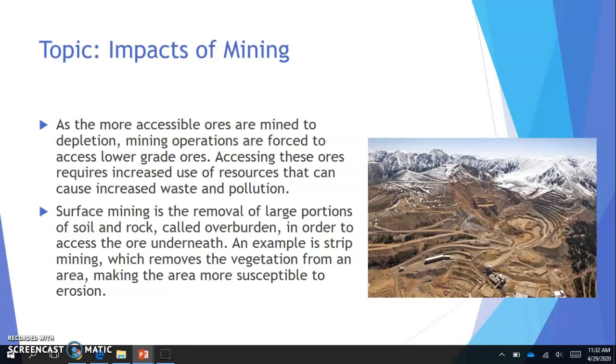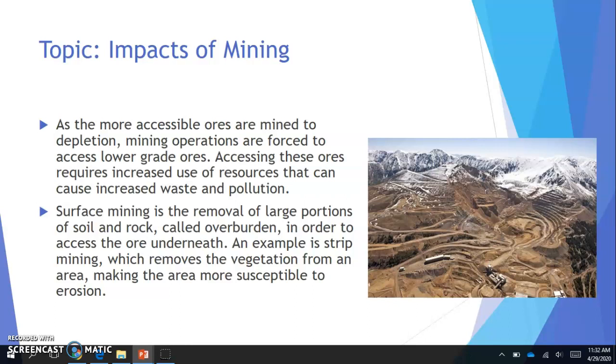So the more chocolate chips you had in your mine, the higher grade ore it was, because the higher percentage of ore per square of land it was. So lower grade ores just have less metal in them and less minerals.